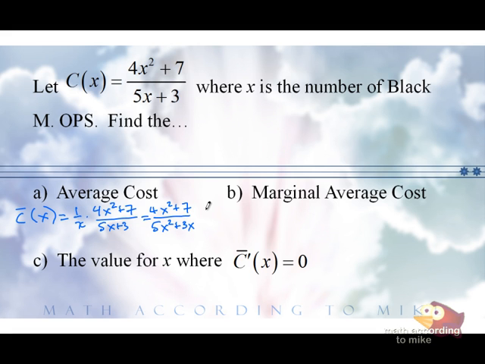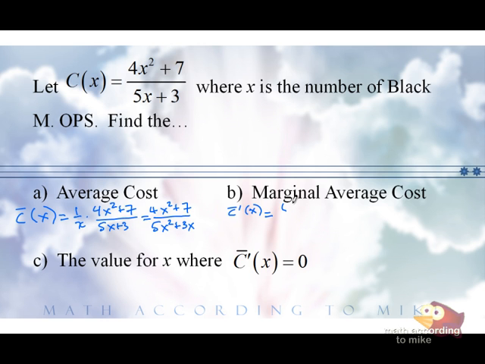So in part B, anytime it says marginal, what you do is you take the derivative. Since our average cost is a fraction, which you should expect it to be, we need to use the quotient rule. So we're going to go right into it.